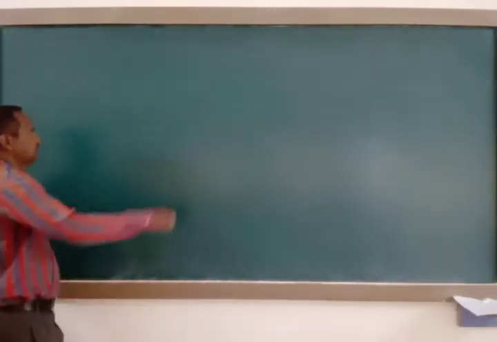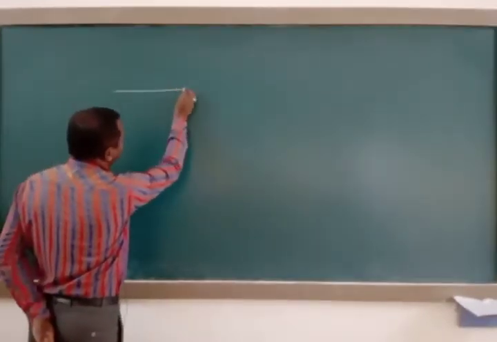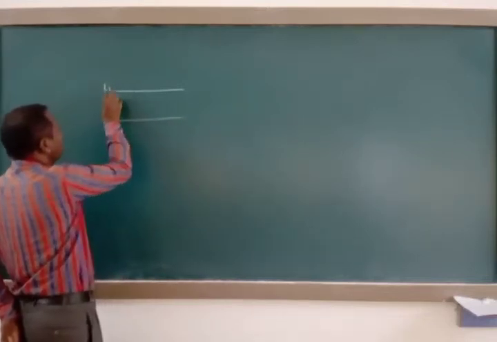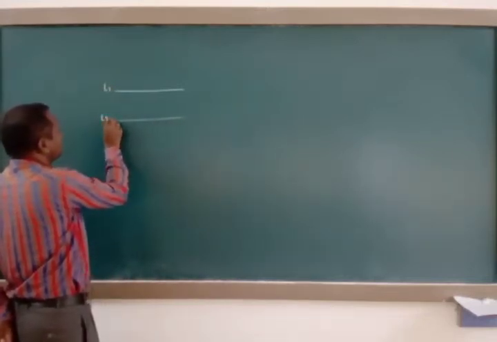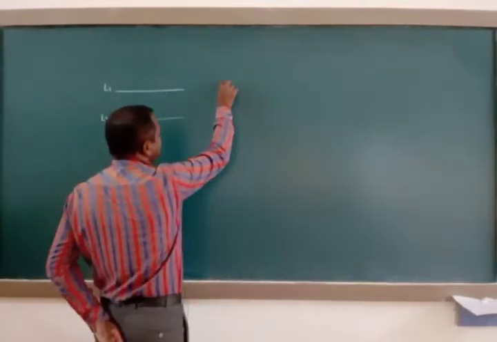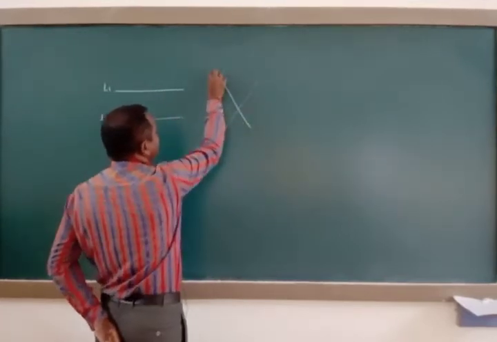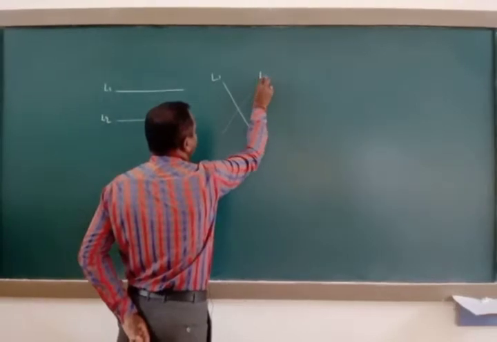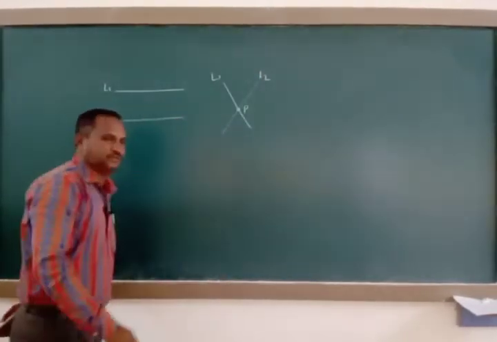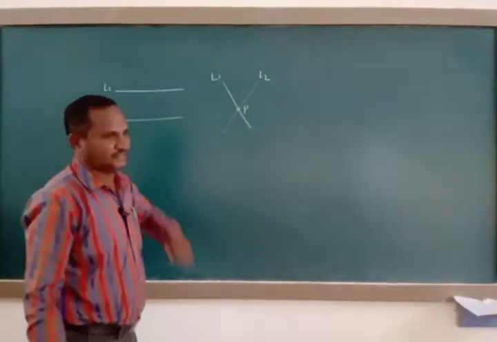For example, if two lines are parallel to each other, in this case we are telling they are parallel lines. L1 is one line and L2 is one line. In the second case, if the two lines intersect at one point, small letter P, in this case we are telling intersecting lines.